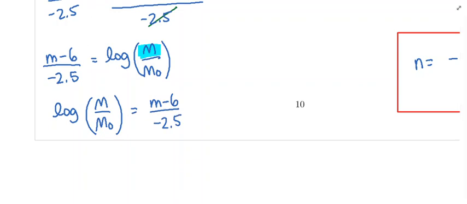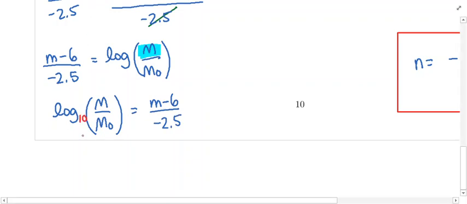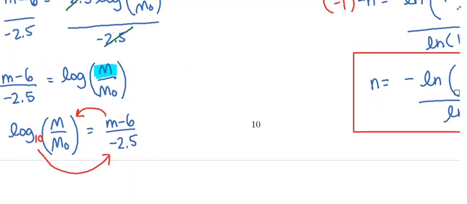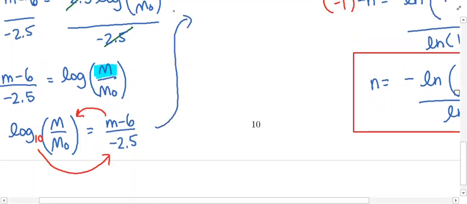Do the arrow thing. The base is 10. 10 to this power gives you this quantity. Let me go back up here. I'm kind of running out of room. But we're going to get that 10 raised to this crazy quantity is equal to M over M0. And the logarithm is gone.